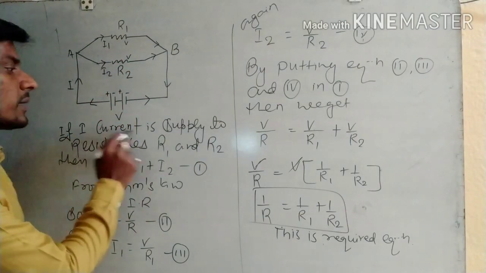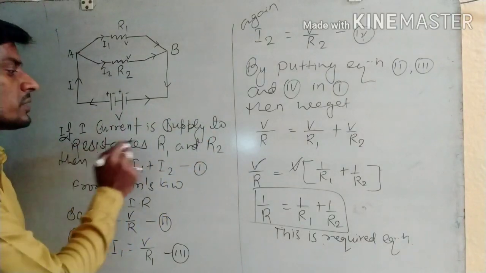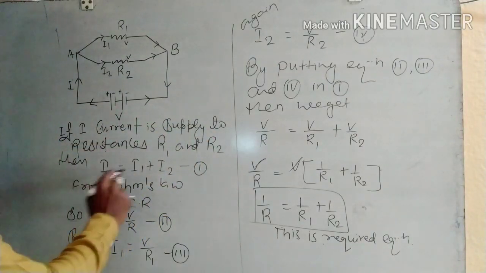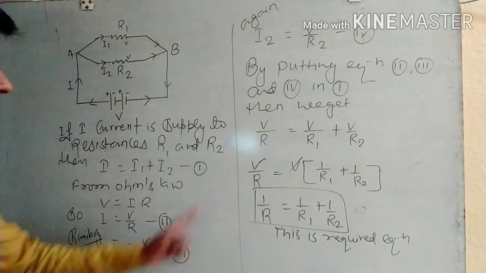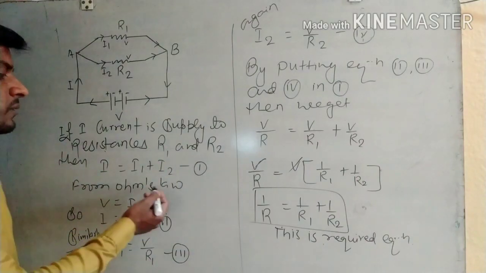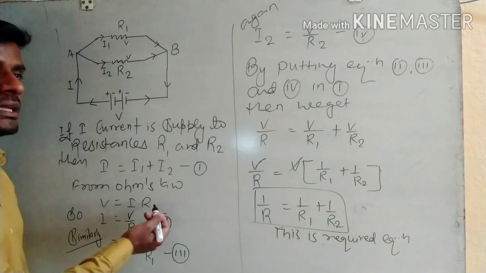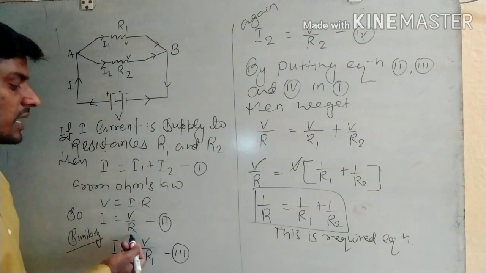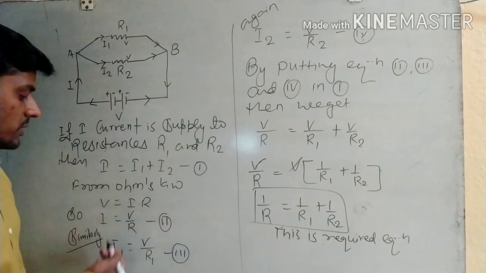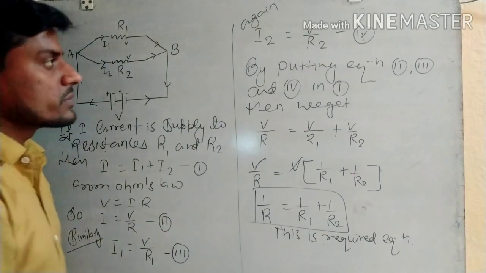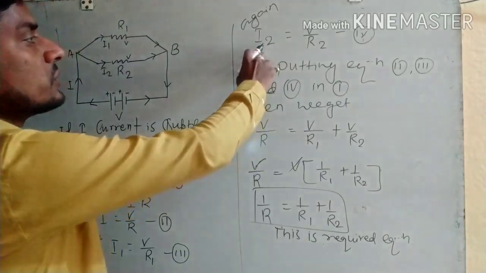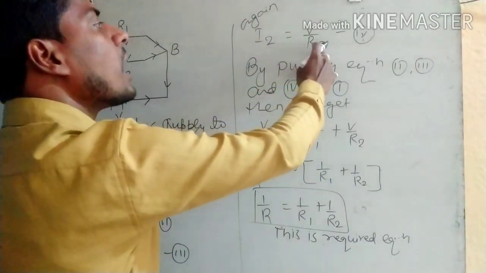So I is equal to I1 plus I2. This is equation first. From Ohm's law, V is equal to I into R, so I is equal to V by R. Take this as equation second. Similarly, I1 is equal to V by R1, equation third, and finally I2 is equal to V by R2, equation fourth.